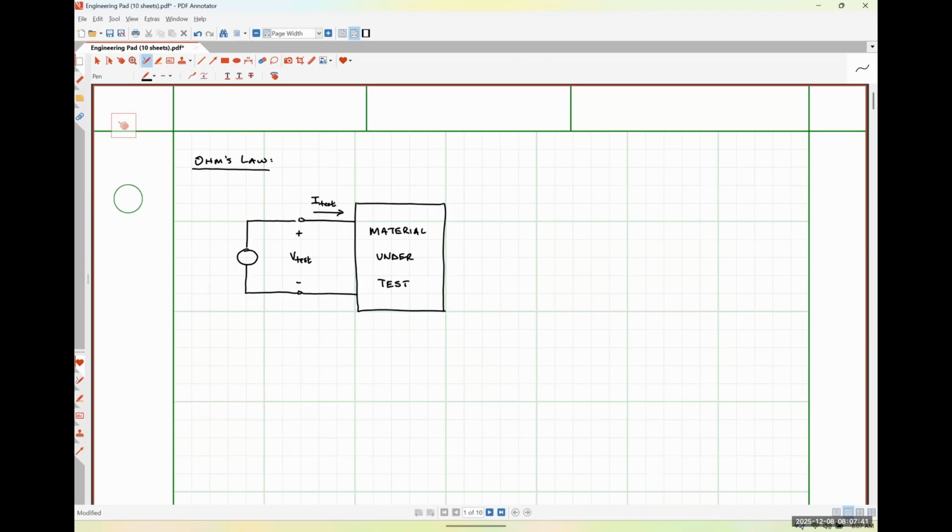So for those of you that completed the lab assignment sheet and all of that kind of good stuff, what was the units of the slope of that line? So what was the x-axis? Let's start there. And what was the y-axis?